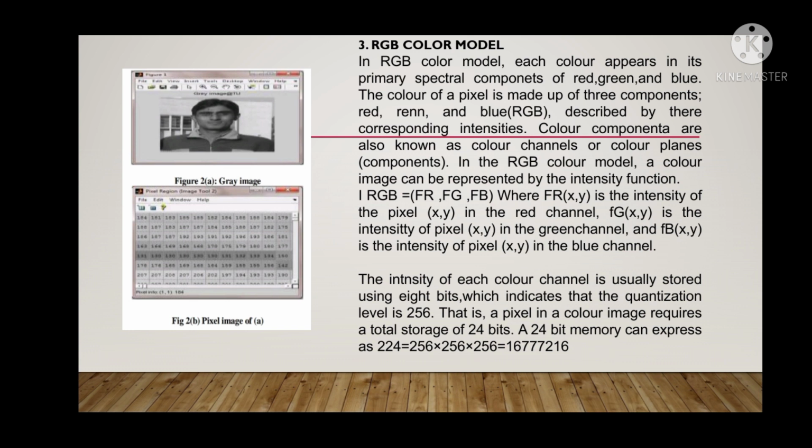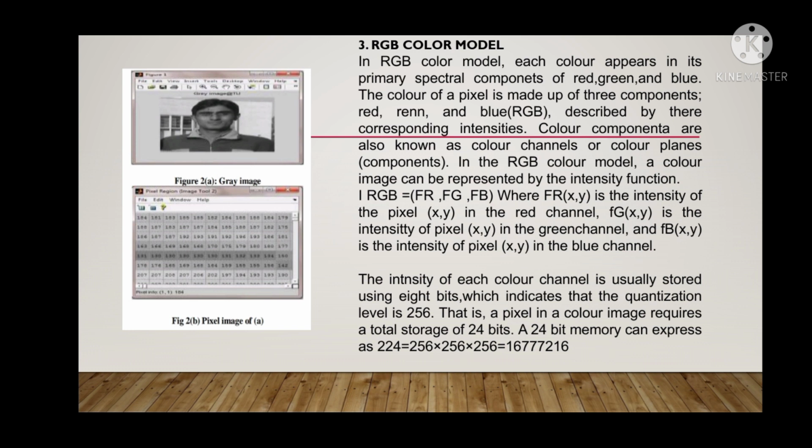In the RGB color model, a color image can be represented by the intensity function I_RGB = fR, fG, fB, where fR(x, y) is the intensity of the pixel (x, y) in the red channel, fG(x, y) is the intensity of the pixel (x, y) in the green channel, and fB(x, y) is the intensity of the pixel (x, y) in the blue channel.